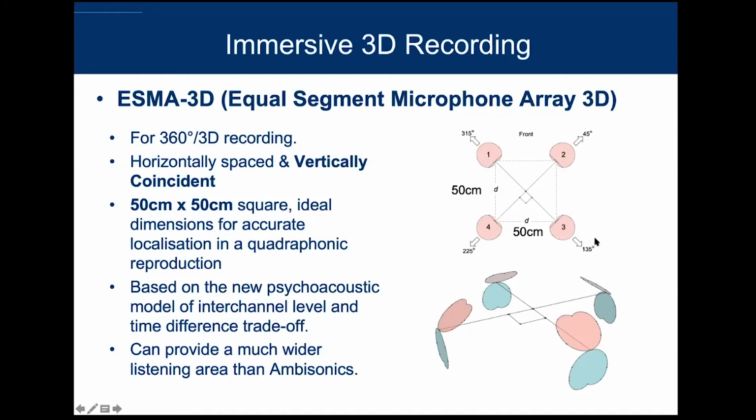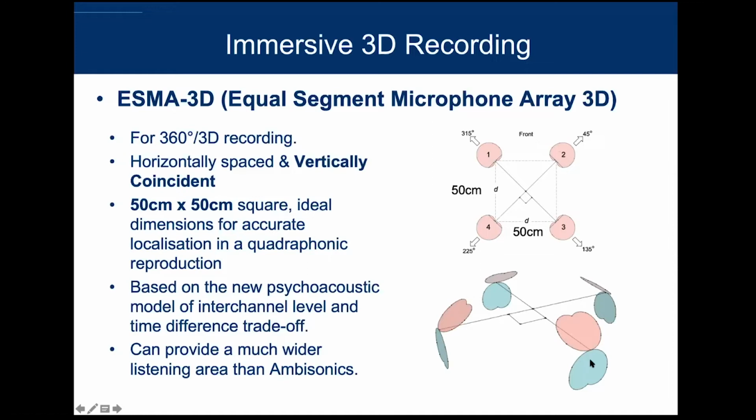So the only option you have is the spacing. If you want to get the localization correct, you need to increase the spacing. I've done some experiments, listening tests, and found that 50 centimeters, according to my model, works best. So I decided to make it a 50 by 50 centimeter square of cardioid microphones.